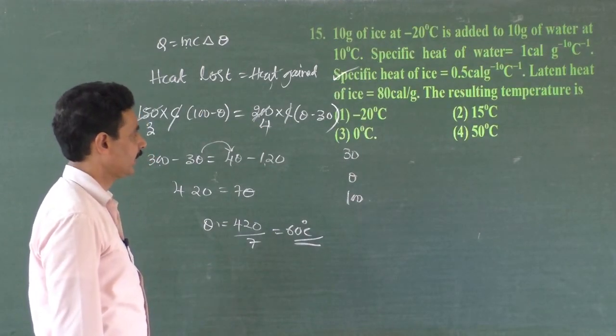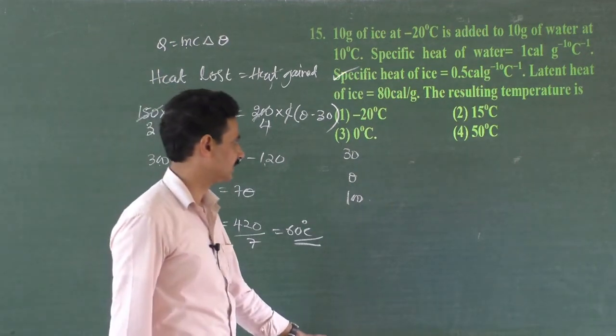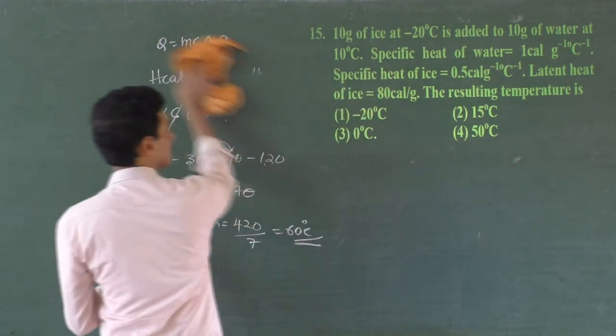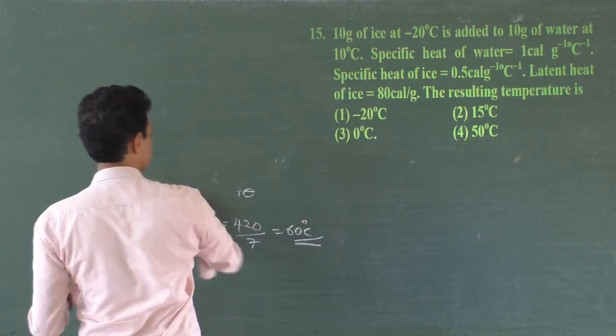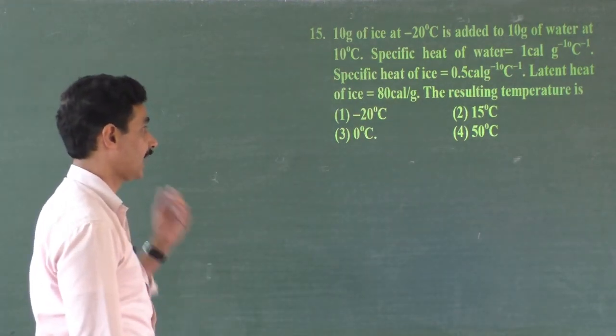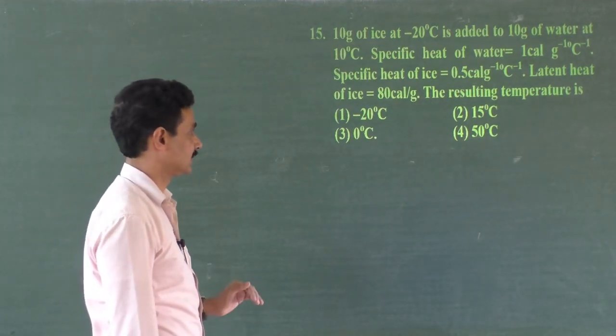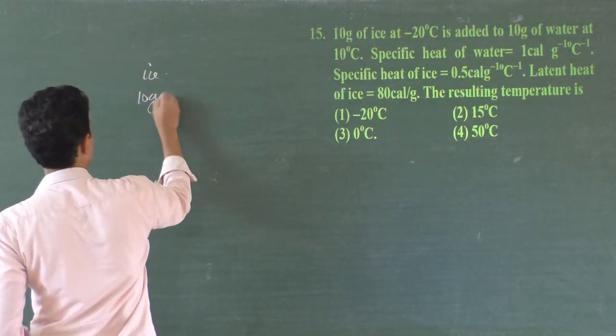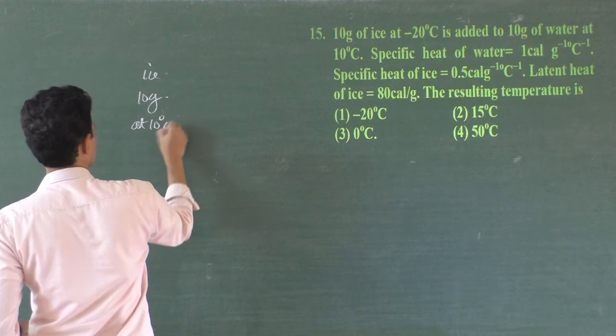Okay, 10 gram of ice at minus 20 degrees Celsius is added to 10 gram of water at 10 degrees Celsius. We will list it. Ice, 10 gram at minus 20 degrees Celsius.